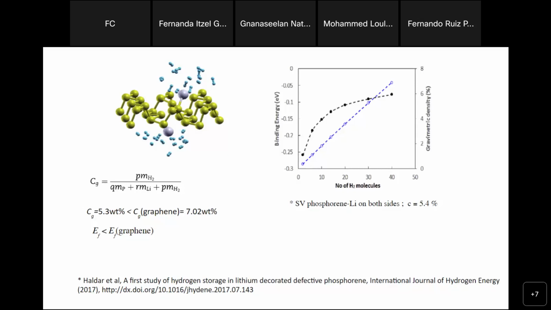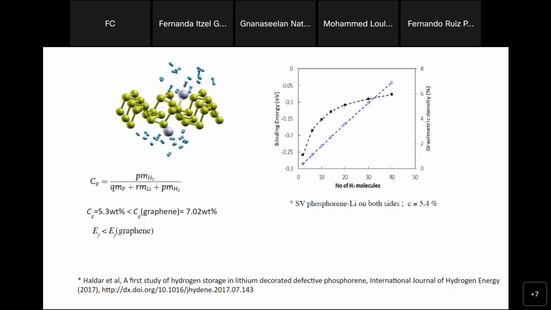In this figure is represented the variation of the binding energy and the gravimetric density as a function of the number of hydrogen molecules. As we can see, both quantities are increasing functions of the number of molecules.